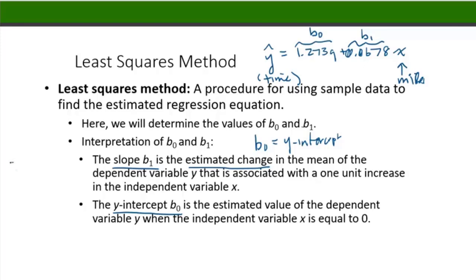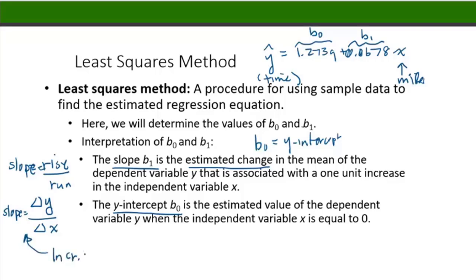Remember the slope is rise over run, so change in y divided by change in x. It's a rate of change in y. If you increase x by 1 unit, what will happen to y? It is the change in y per 1 unit increase in x.